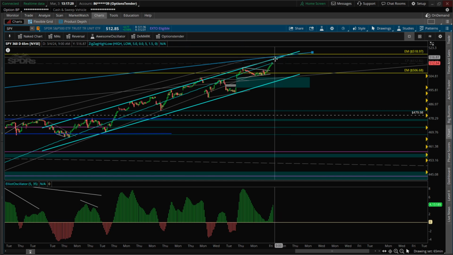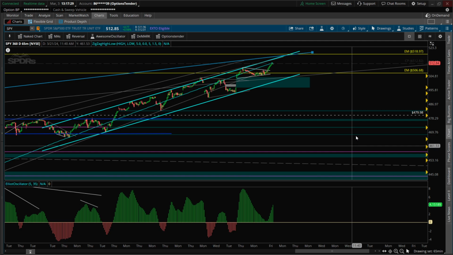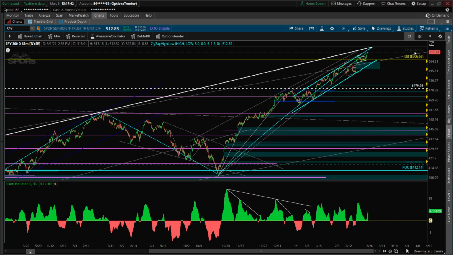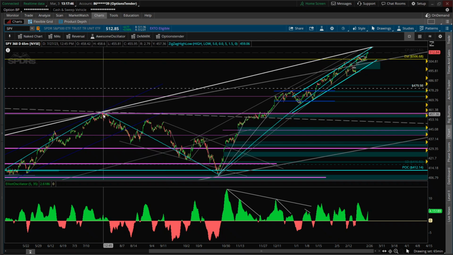Once again, I think we're going to reverse off of here. I think that could be a major top, or we make a nice correction and have one more move to the upside. Either way, we're getting this correction, and I think it's going to be a nice swing to possibly these lows here. I want to break this high right here.